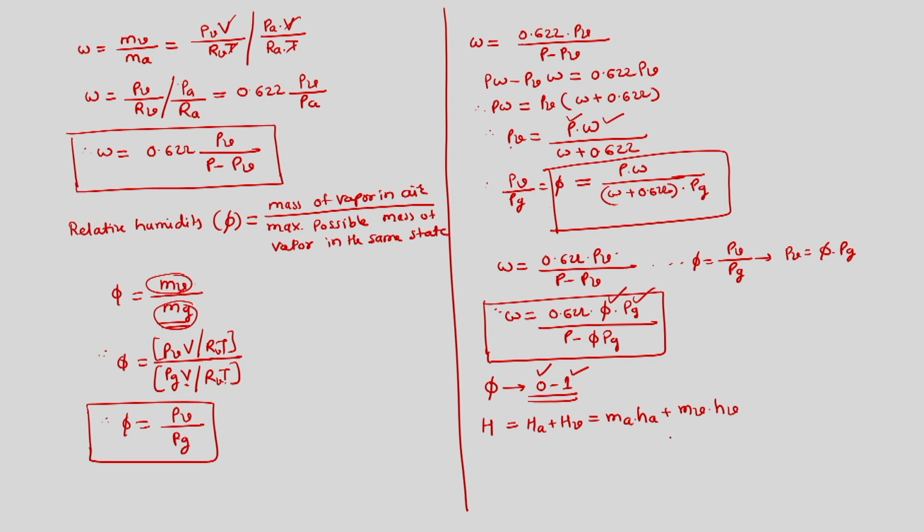Now if we divide everything by mass of air, this is enthalpy of mixture per unit mass of dry air. This is equal to HA plus omega into HV. So this unit will be kilojoule per kg of dry air.